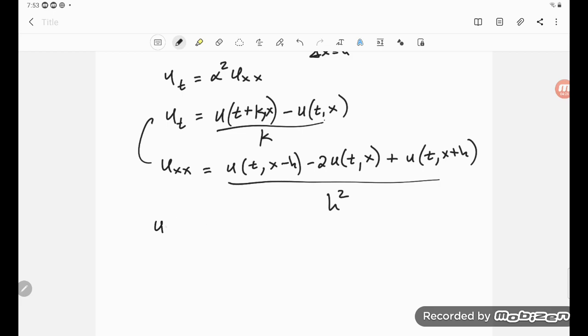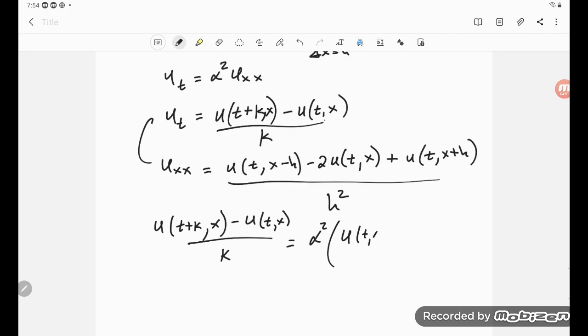I will get u of t plus k at x minus u of t at x, divided by k, is equal to alpha squared times u of t, x minus h, minus 2u of t, x, plus u of t, x plus h, all divided by h squared.